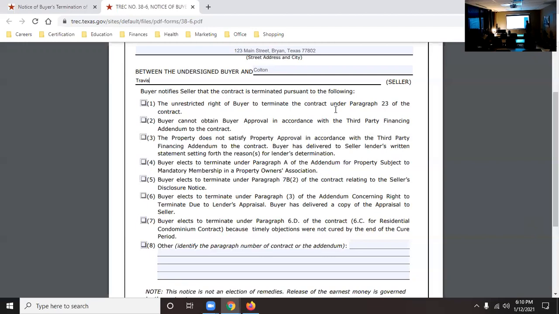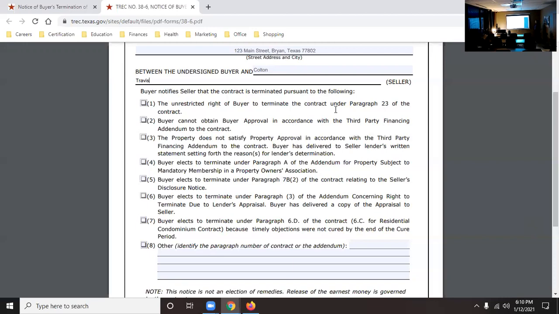So if they're in their option period and after inspections they find out, whoa, there's just way too much to deal with, then they can check box 1 and back out, and earnest money is receipted back to the buyer.